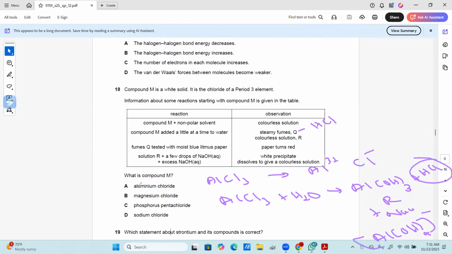So according to the description, the correct one is aluminium chloride. Magnesium chloride will not give HCl. Phosphorus pentachloride also will not react with NaOH to form a white precipitate. Sodium chloride is a neutral salt. There won't be a reaction with sodium hydroxide. So the only answer we can take is A.